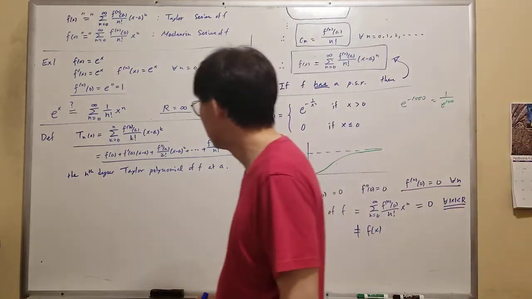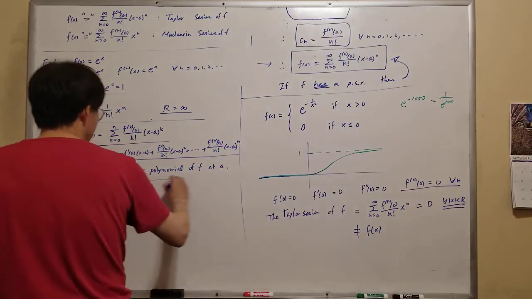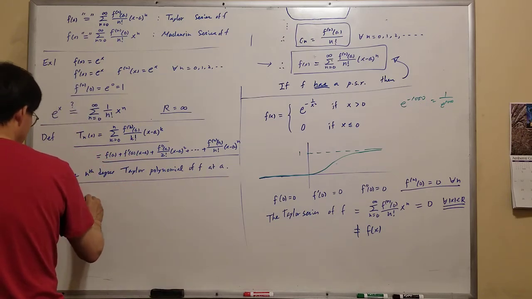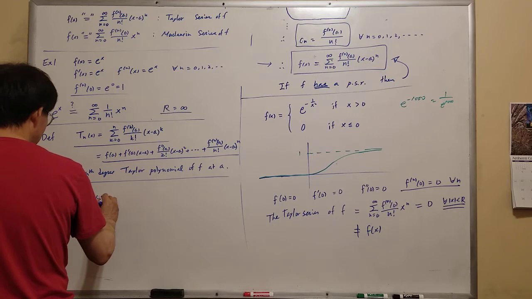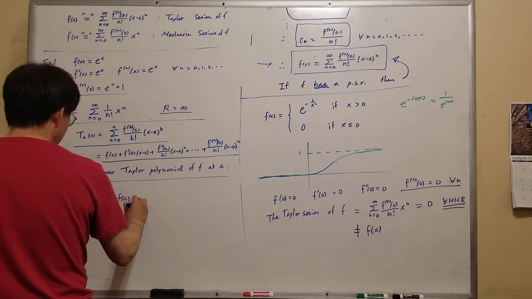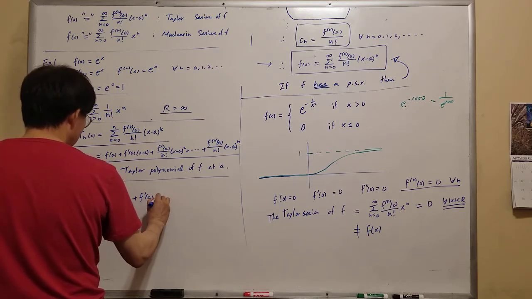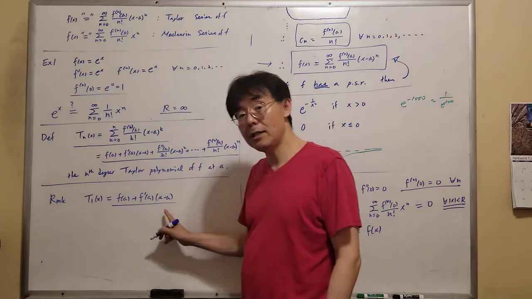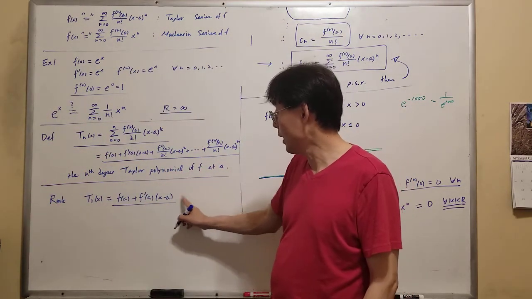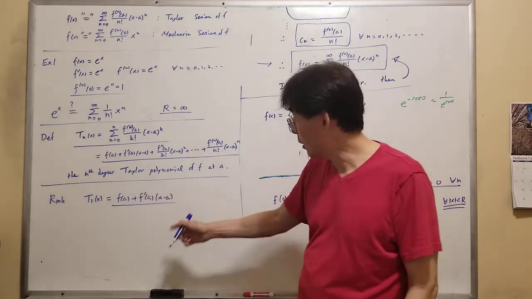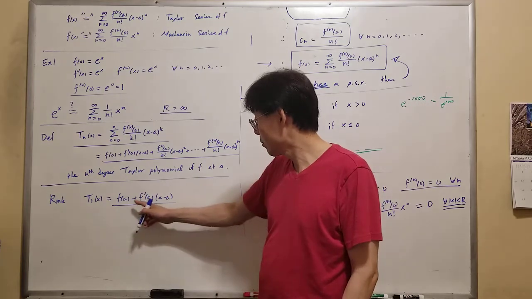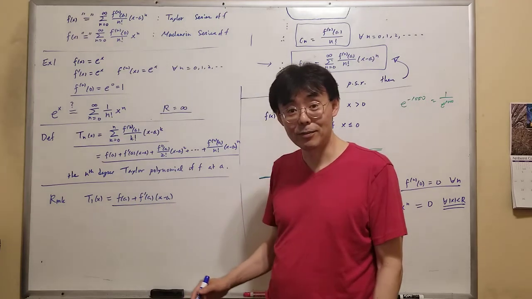Now, the first remark is that T1 of x is what? This is a linearization of f. Its graph, y equals this, will give you the tangent line, right? The slope is f prime of a, the slope of the tangent line, going through a, f of a, right?